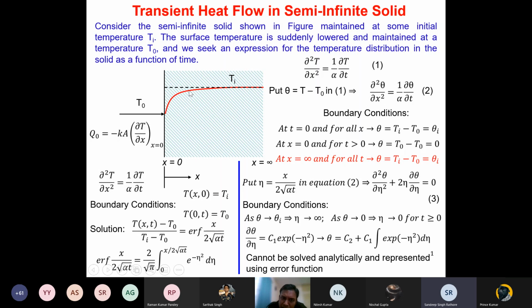No heat is added in between. Inside the slab, the heat is only being transferred, not additionally added. Heat is being added only at this left hand side surface. So I can calculate how much heat is added.